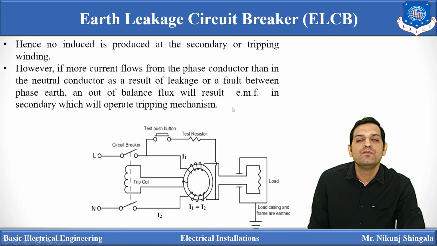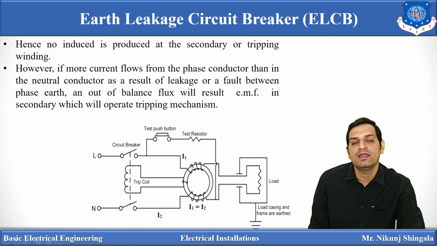Now, if more current flows in the phase conductor than in the neutral conductor, as a result of leakage current, suppose some fault condition is occurring and some amount of current flows from the load to the body and to the earthing wire. In this case, phase and neutral currents are not equal, so an out of balance flux will result.